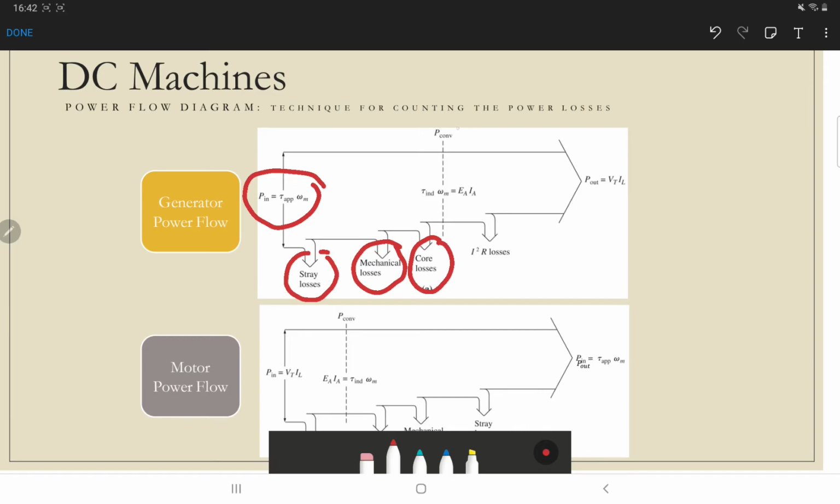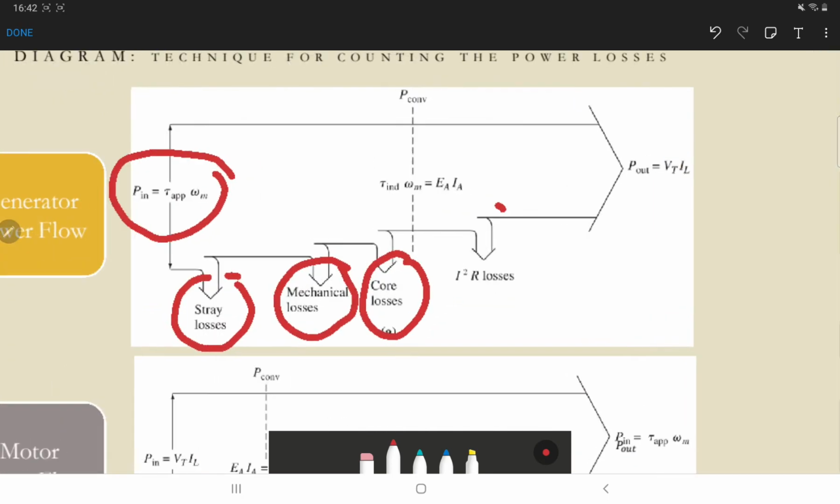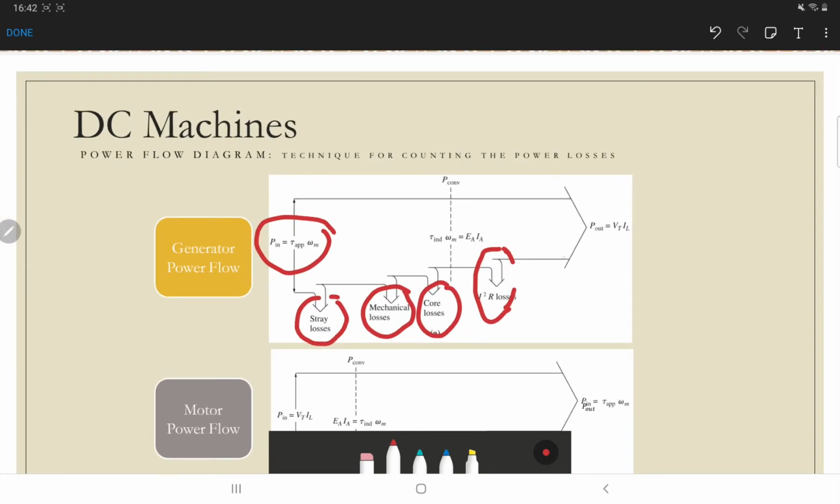So converted power is equal to the induced torque, remember, we talked about induced torque just now, times omega m, which is equal to the induced voltage times armature current. At this point, if we minus the I square R losses because of the winding from the converted power, then we get the output power, which is electrical power, the terminal voltage times the line current.